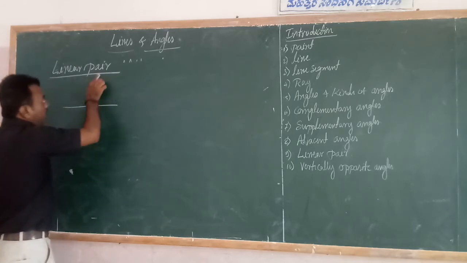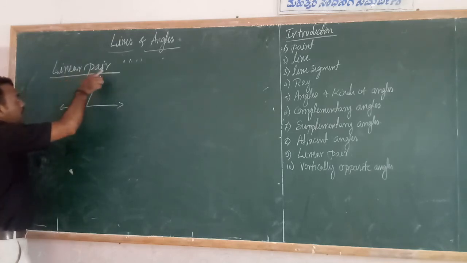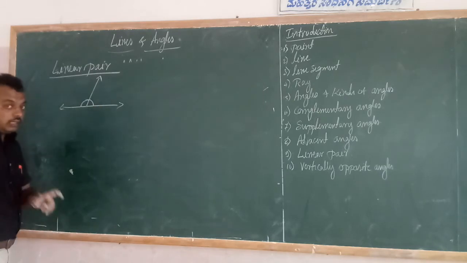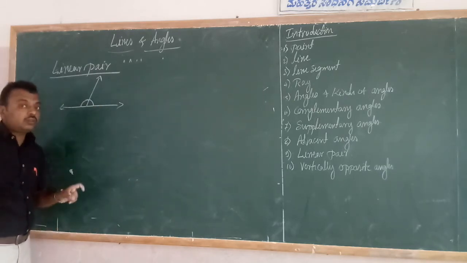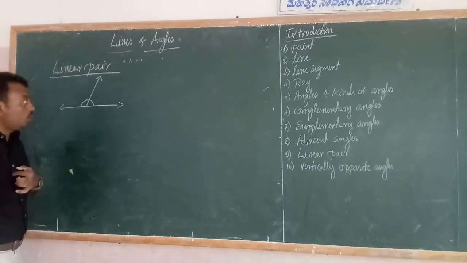Pair means two. I mean, a linear pair is two adjacent angles whose sum is equal to 180 degrees. The sum of any two adjacent angles equal to 180 degrees is called a linear pair.